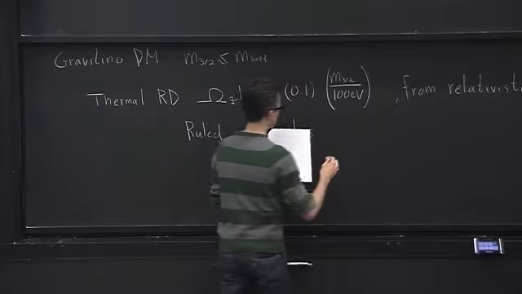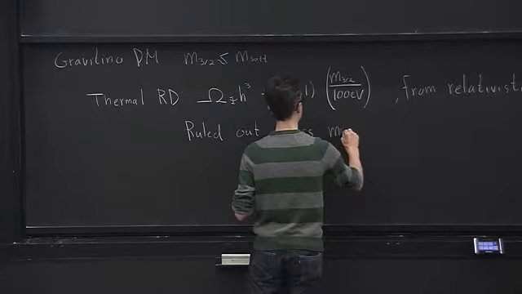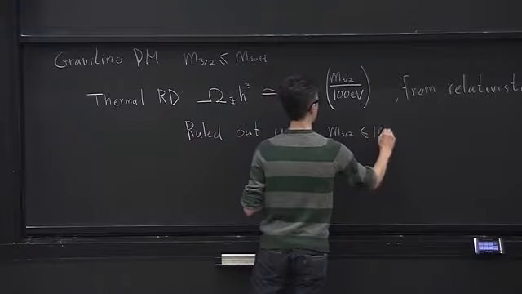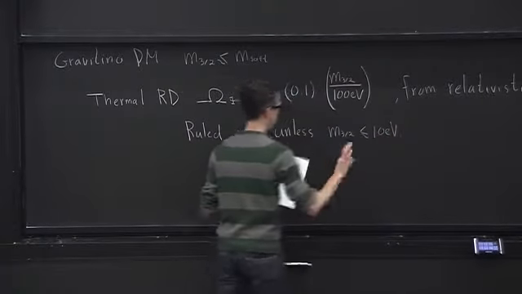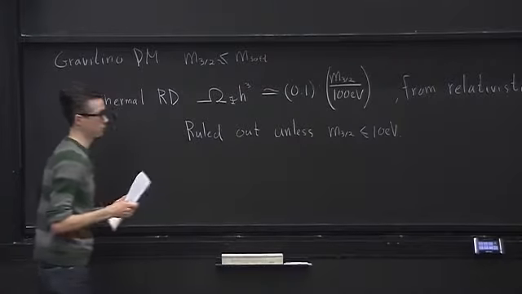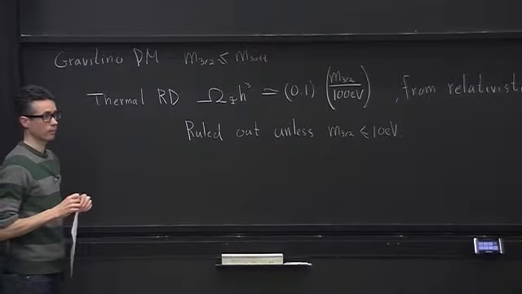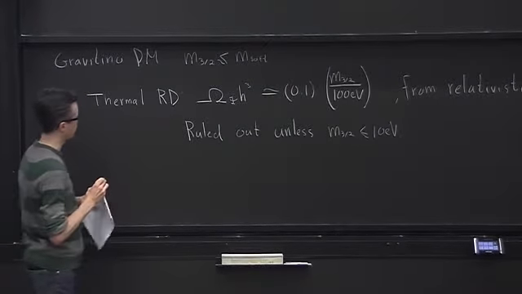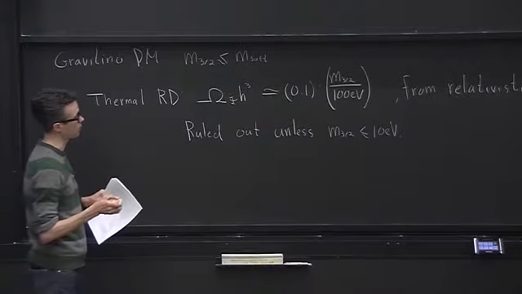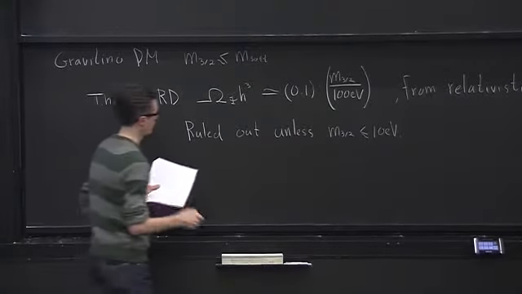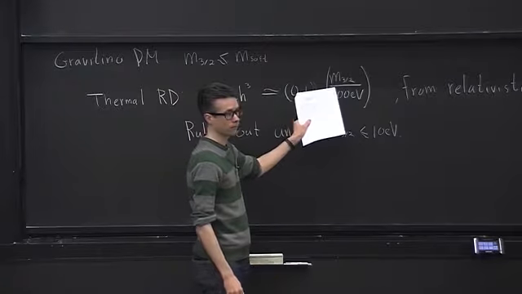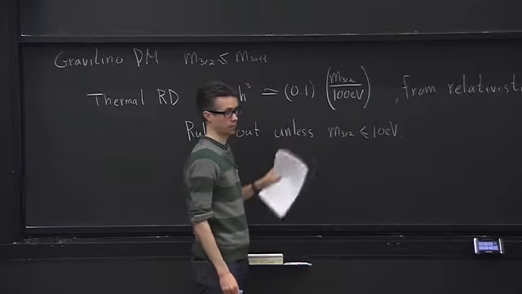And you can show that having very light particles like this is basically completely ruled out unless the gravitino mass is less than about 10 electron volts. So the upshot of that is that thermal gravitino dark matter doesn't work because it would be either too warm or I wouldn't get enough relic density.